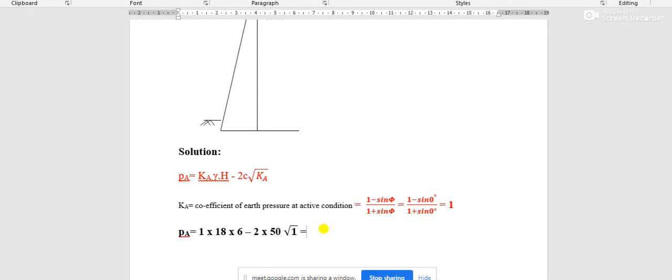Now you may calculate, this equals 108 minus 100 equals 8 kilonewton per meter square.